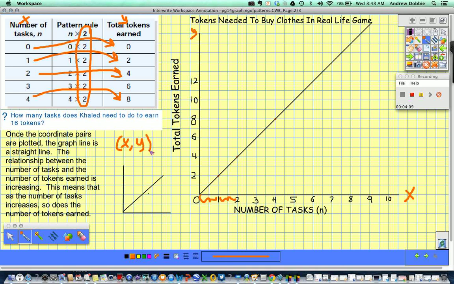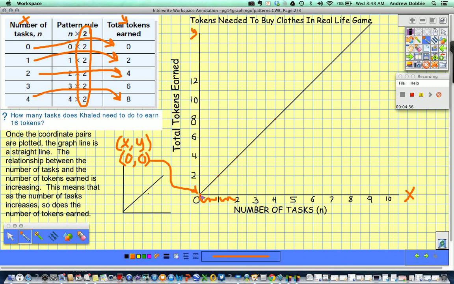That means for the first pair, it's 0, 0. And when we plot 0, 0 on the graph, it would go right here. Now how do we know it goes right there? Well, along the x-axis we start at 0, and do we move up and down at all for the y? If it's at 0, it just stays right there. So we put our point at the corner 0, 0.